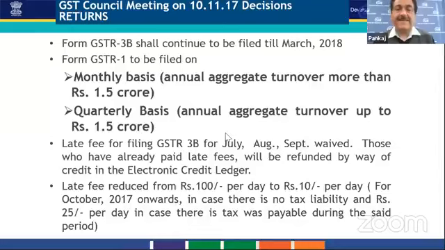That means in total it will be ₹50 per day if tax was payable and the GSTR 3B was filed late for the month of October and onwards. So this is the latest update in respect of the late fee payment.